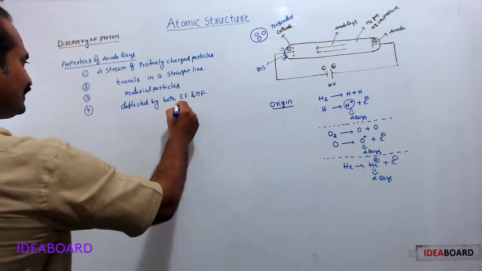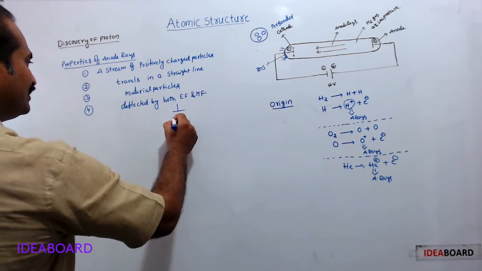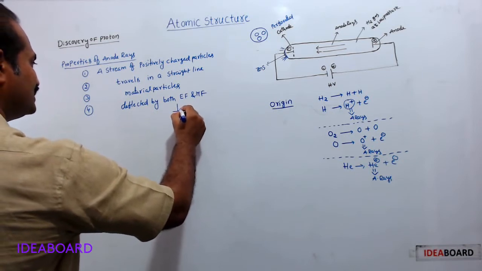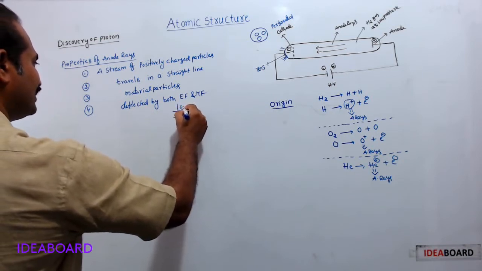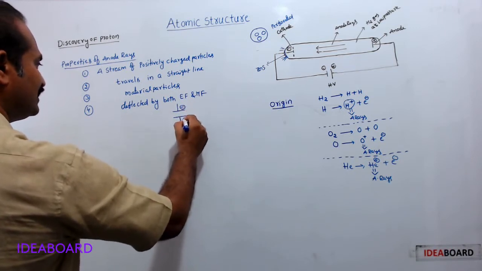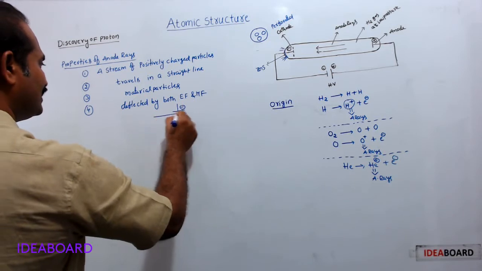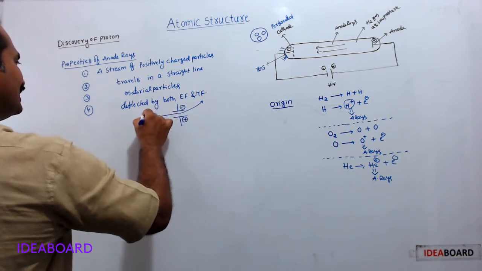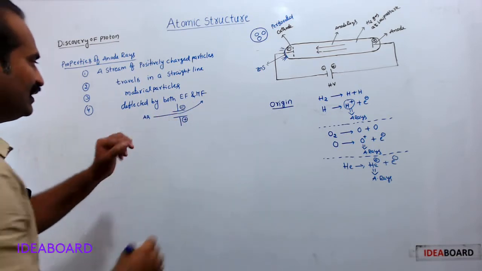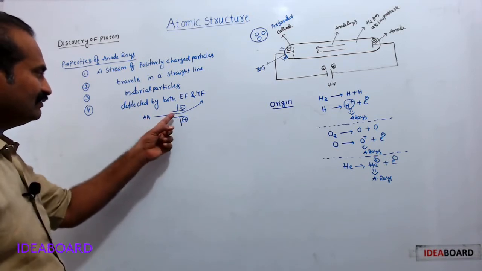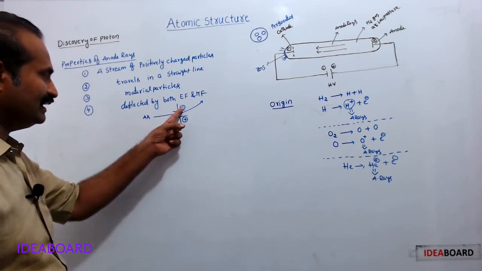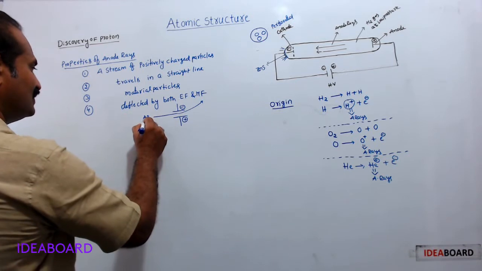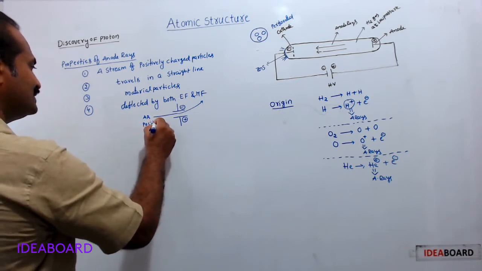For example, when anode rays pass through an electric field, with a negative plate and a positive plate, these anode rays are attracted by the negative plate, which means anode rays must carry a positive charge.